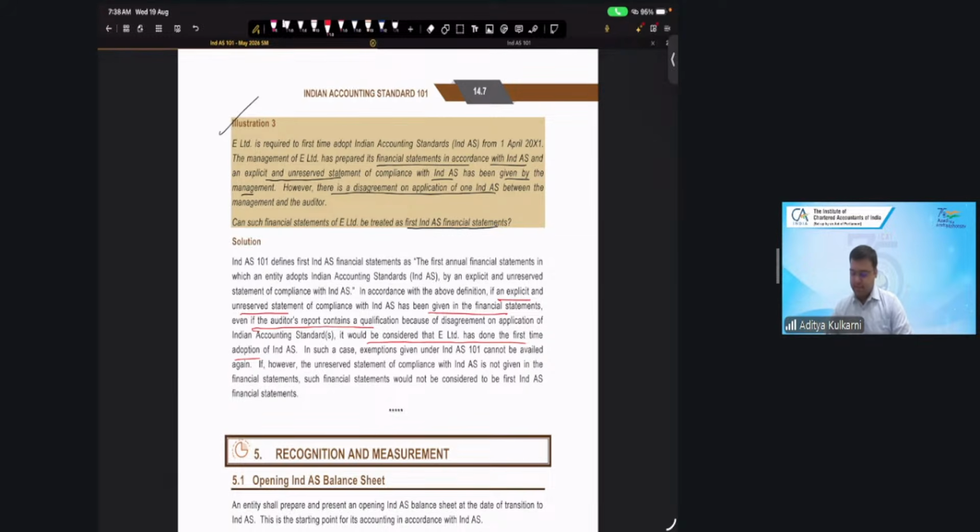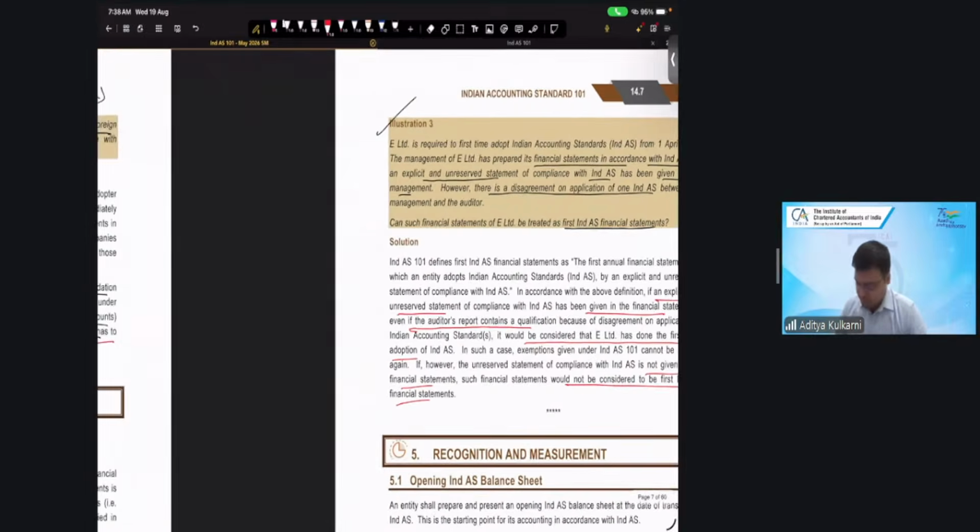In such a case, the exemption given under Ind AS cannot be availed again. If the unreserved statement is not given, then such financials would not be considered as the first Ind AS financial statements. Are we okay with this? Yes? Is it clear? Any doubts?